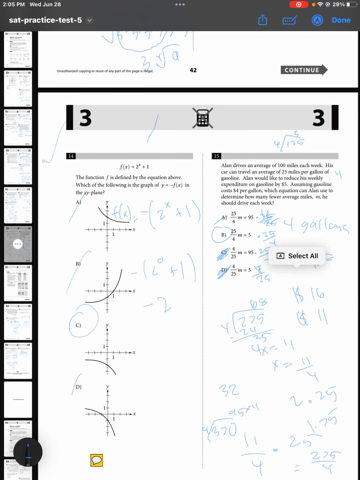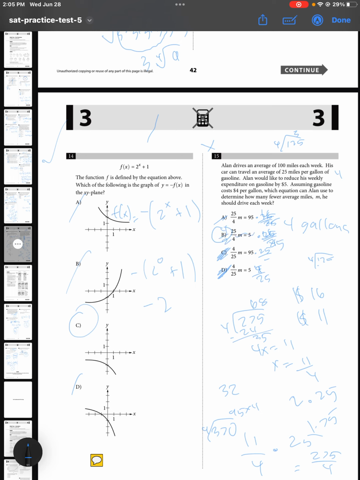15. Oh, no. Guys, okay. So I got this one wrong, but I literally did an easy mistake. So, right here, I multiplied it by 25 over 4, which is wrong. Multiply it by 4 over 25.